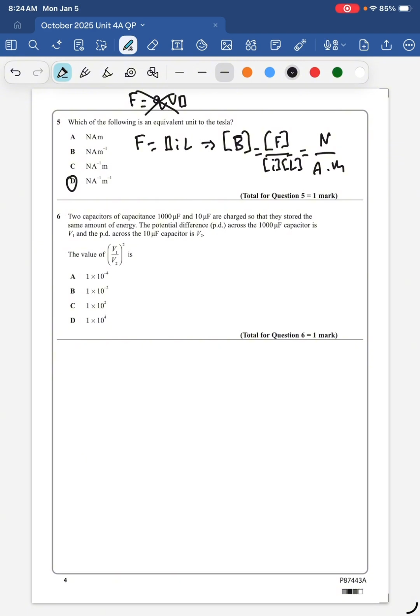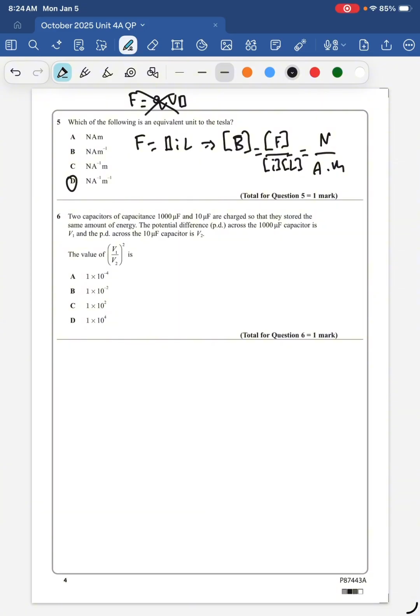Question 6. Two capacitors of capacitance 1000 microfarads and 10 microfarads are charged so that they store the same amount of energy. The potential difference across the 1000 microfarad capacitor is V1, and the potential difference across the 10 microfarad capacitor is V2.